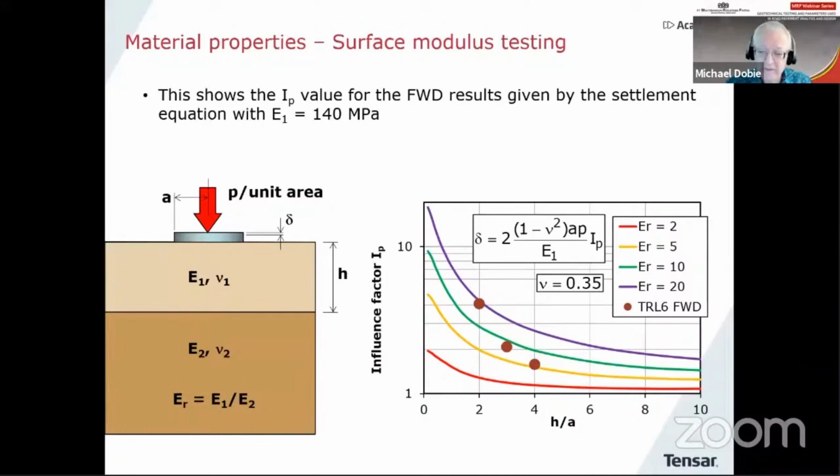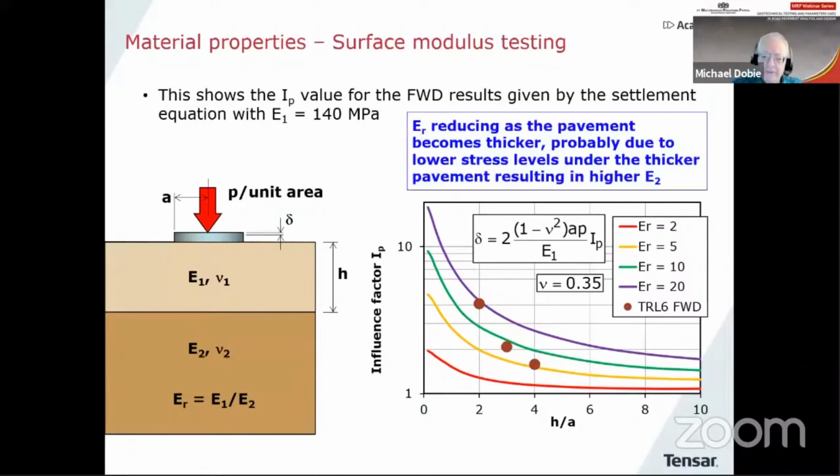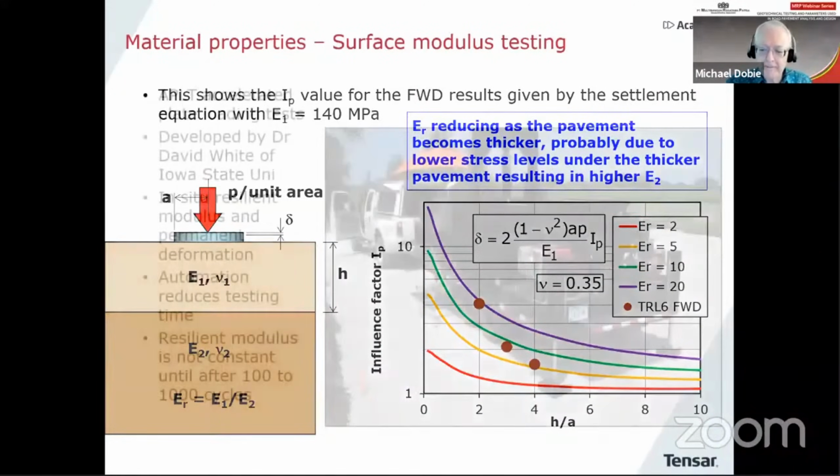You might say, well, something wrong? I don't think so, because as the layer becomes thicker, the stresses in the subgrade soils are becoming smaller. And if you think back to that testing with the repeated load triaxial test, then for the lower stresses, we had the higher stiffness values. So I think it works out extremely well.